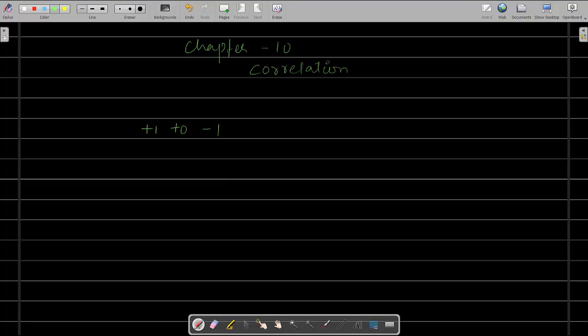So if x is increasing and y is also increasing, we can say it is a positive relation. And the other way, if x is increasing and y is decreasing, then it is a negative relation.